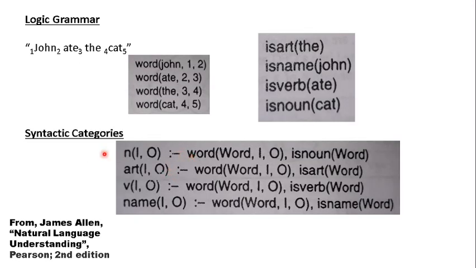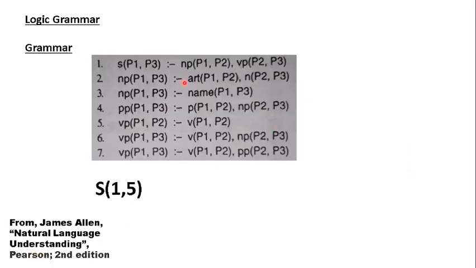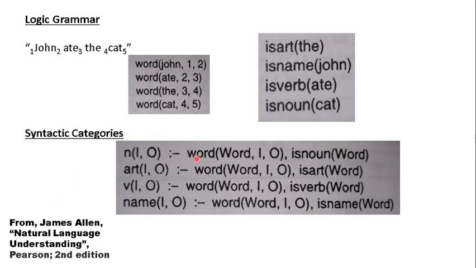Then, in order to specify this grammar properly, we have syntactic categories, like article or noun. Those syntactic categories are specified with respect to positional indicators and with respect to the lexicon. So in the lexicon, where this syntactic category occurs is also important here.